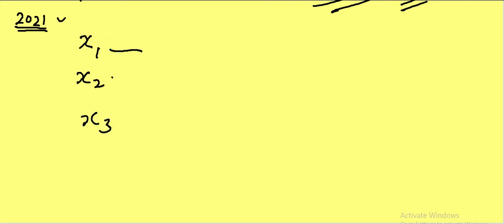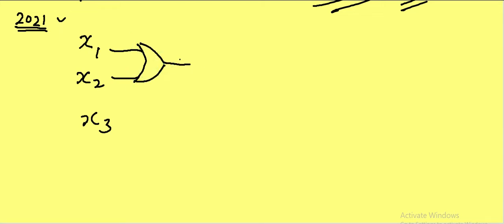So now come back to another paper, which is of 2021, right? In 2021 they have asked to simplify this circuit, which has x1 and x2, and we have this x3. x1 and x2 are connected to this OR gate, sorry, OR gate.